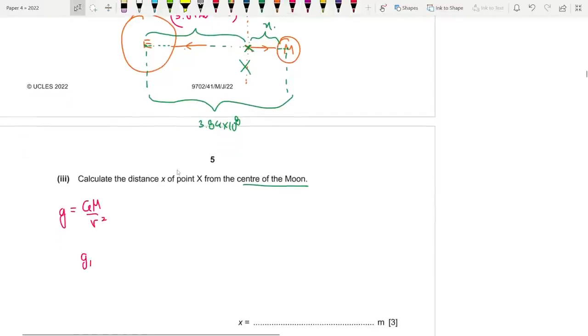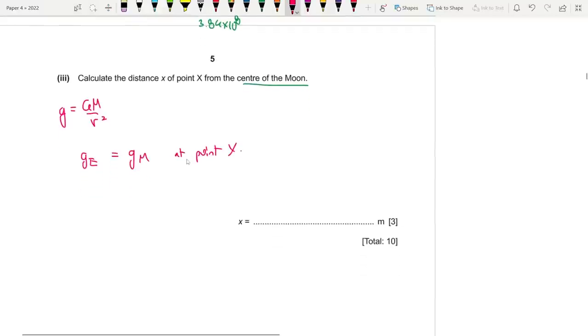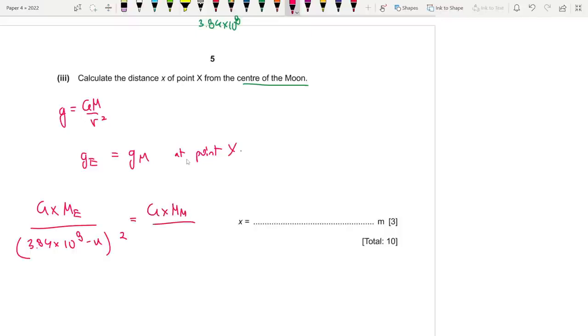So the gravitational field strength of the earth should be equal to the gravitational field strength of the moon at point x. So the field strength of the earth is G times the mass of the earth divided by (3.84 times 10 to the power 8 minus x) whole squared, equal to G times mass of the moon by x whole squared.